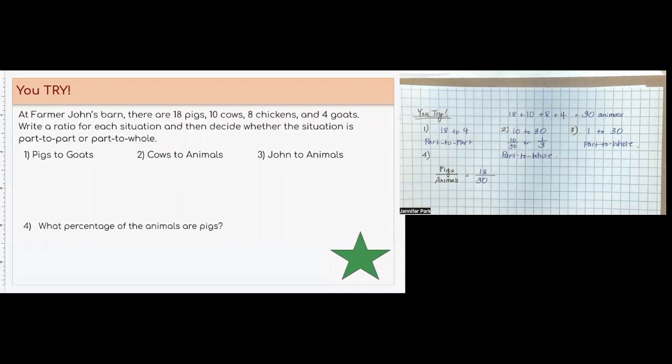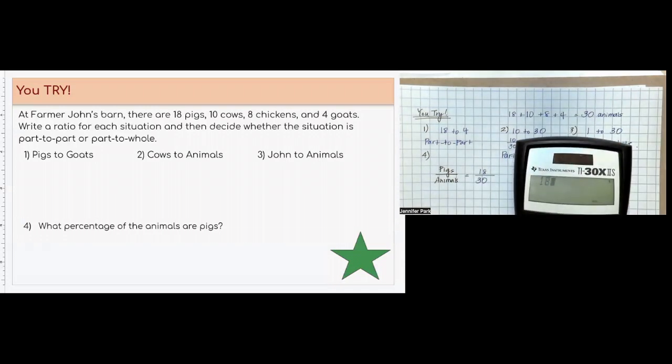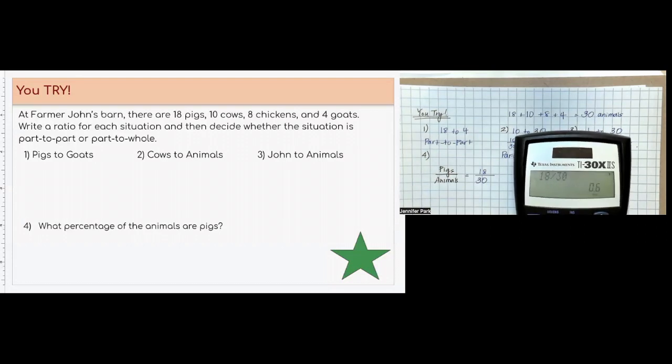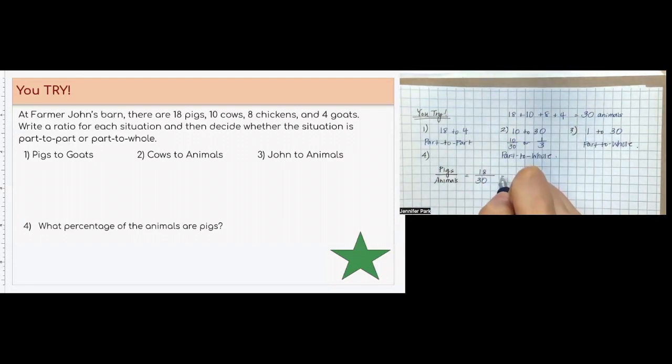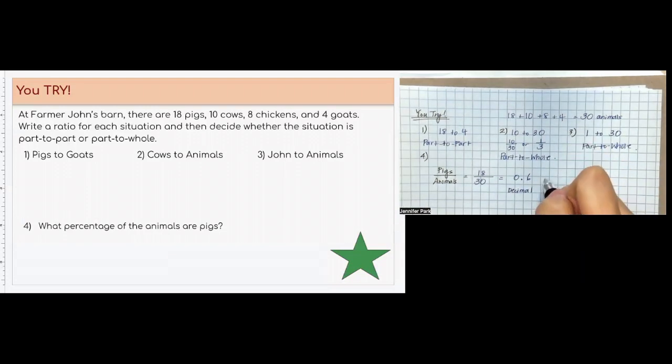We're going to put that in our calculator. 18 divided by 30. We're going to turn that into a decimal. That is 0.6. And then how do we turn that to a percentage? We multiply by 100, and that will come out to be 60. 60% of the animals are pigs.